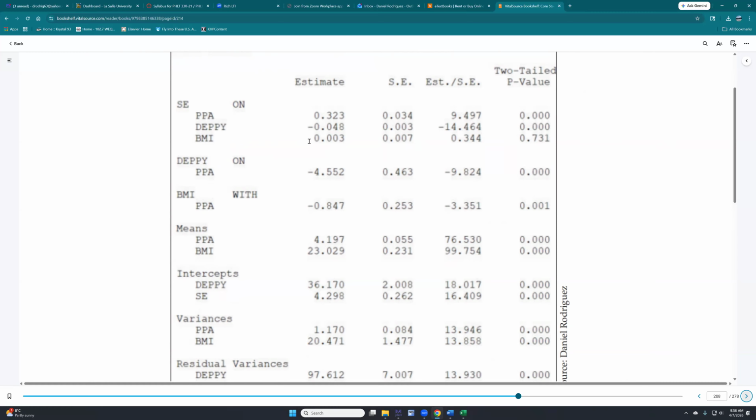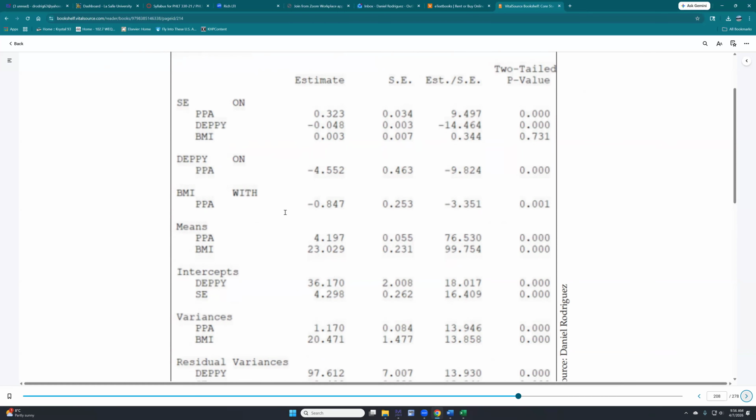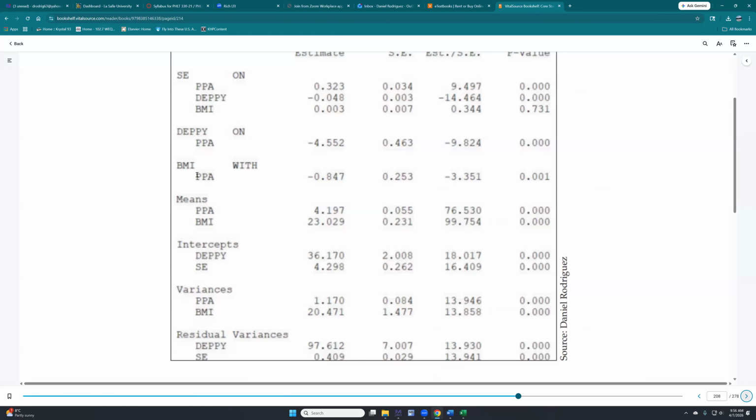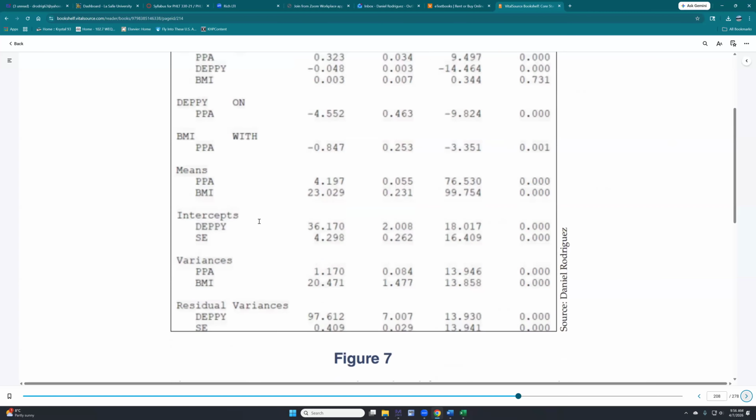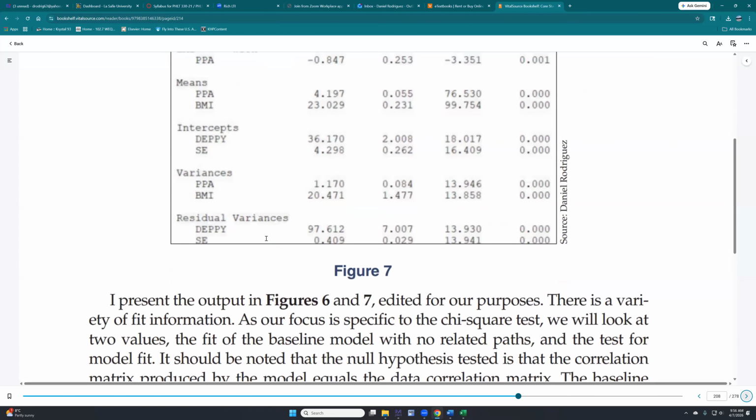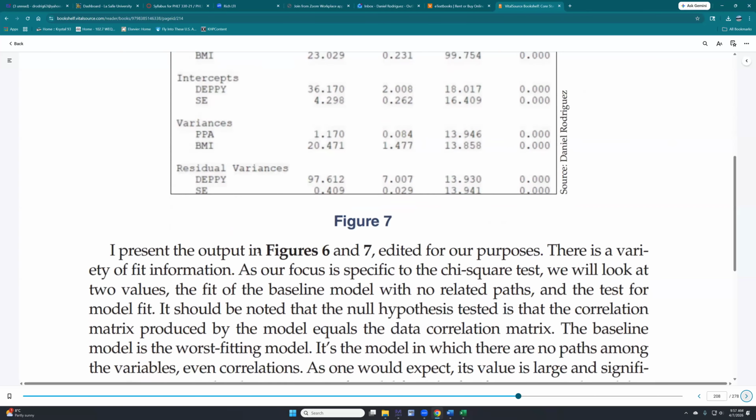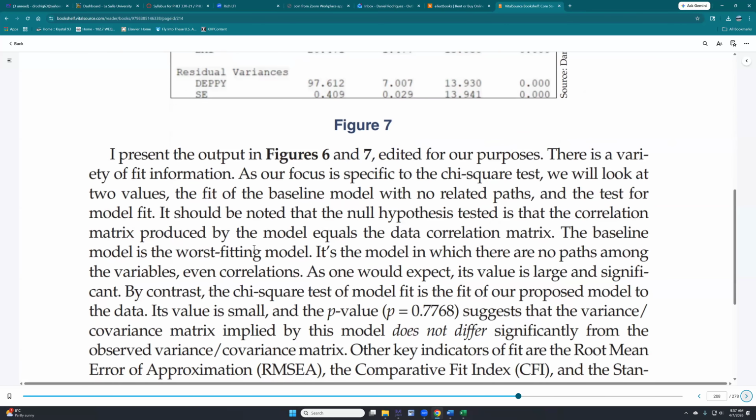And I can't judge strength here because these are unstandardized values. And depression on perceived physical appearance is significant. The higher the perceived physical appearance, the lower the depression. The correlation between perceived physical appearance and BMI is significant. I get my means, intercepts, variances, and residual variances. Okay, so there's a lot of good stuff here.